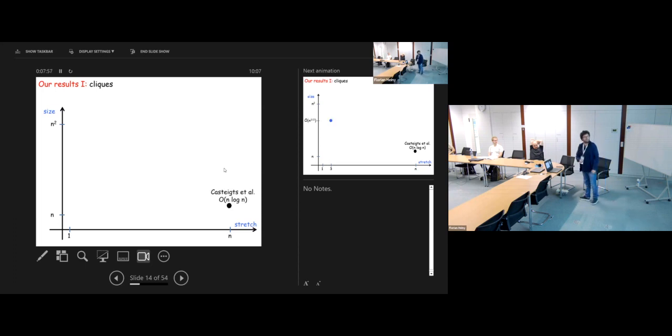For instance, this point here is the spanner by Casteigts et al., with size n log n and stretch roughly n minus 1, because they just preserve temporal connectivity but can have long paths. We are able to show that other trade-offs are possible.